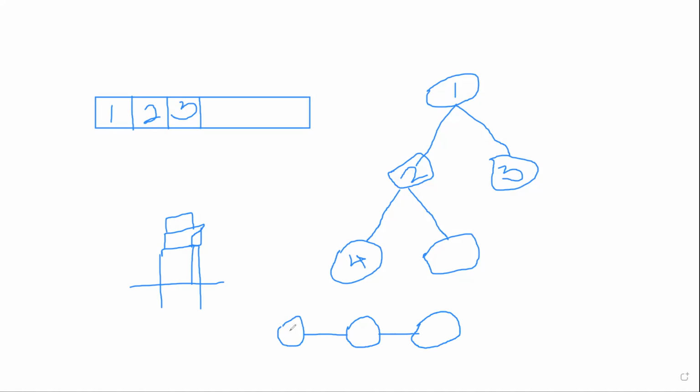If you have to add a new element over here, what we do, as I mentioned earlier, is we start with top equal to -1, and we keep incrementing it by 1.